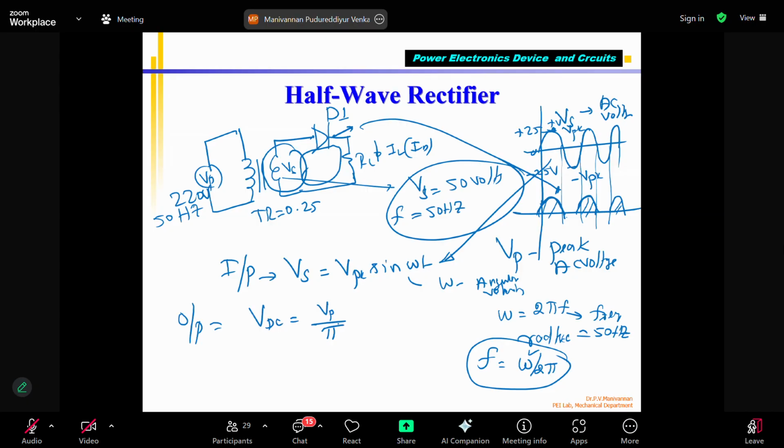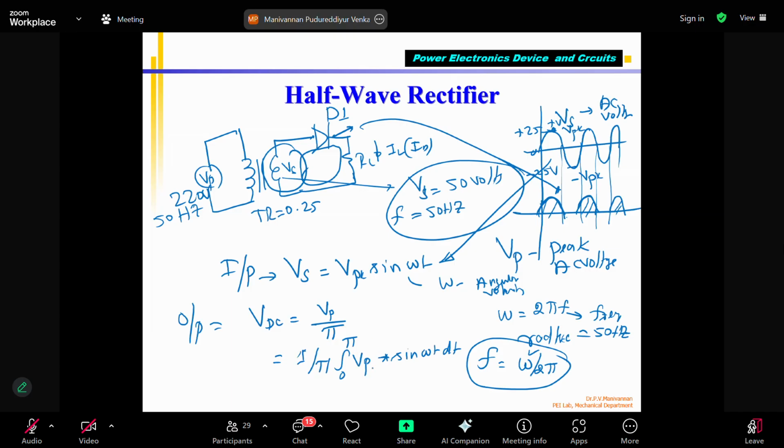Okay. And this can be written as 1 by pi integral 0 to pi of Vp into sine omega t dt. 1 by pi is a constant coming outside.